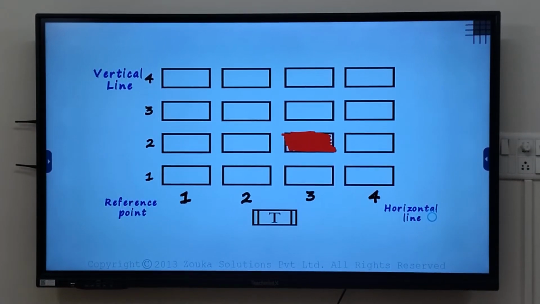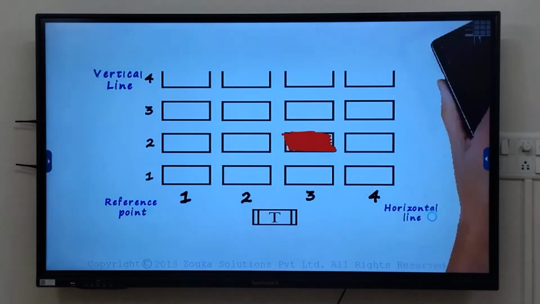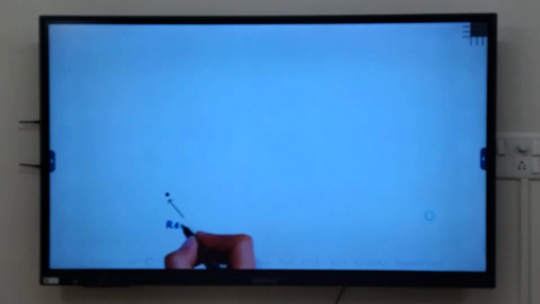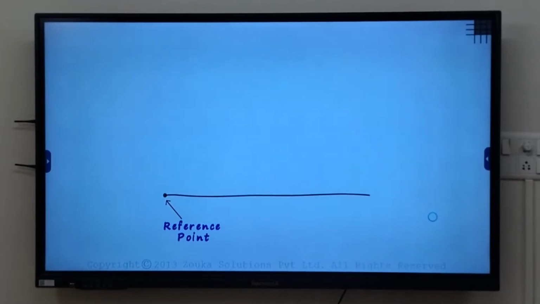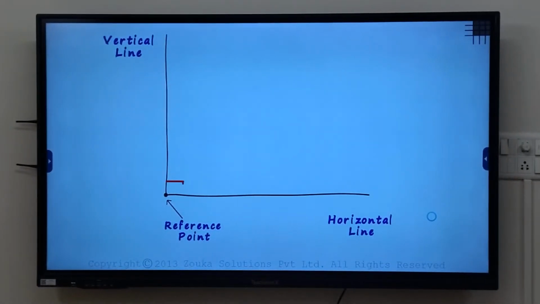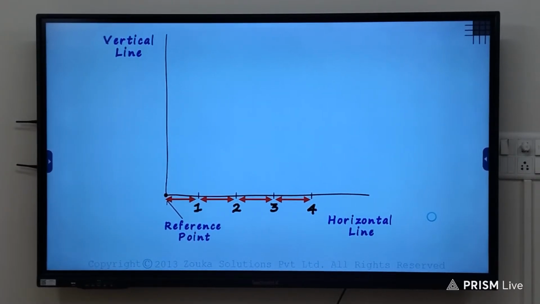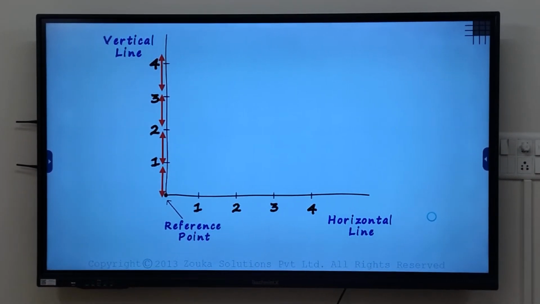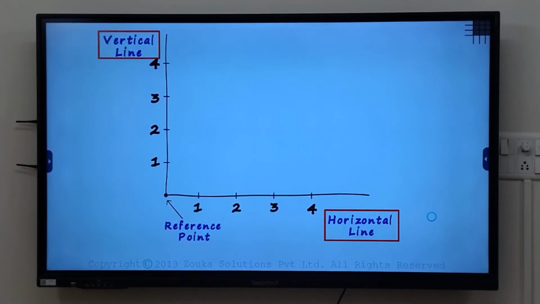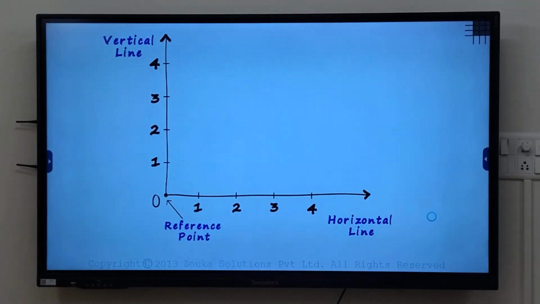To give it a unique Most importantly, the reference point would be the number 0.